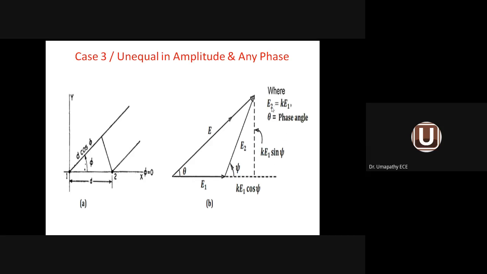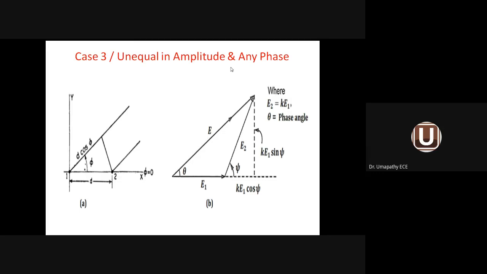What is the relation between E1 and E2? E1 greater than E2. How is E1 greater than E2? E2 equal to k times E1, the value of k lying between 0 and 1. So normally E2 will be less than E1.